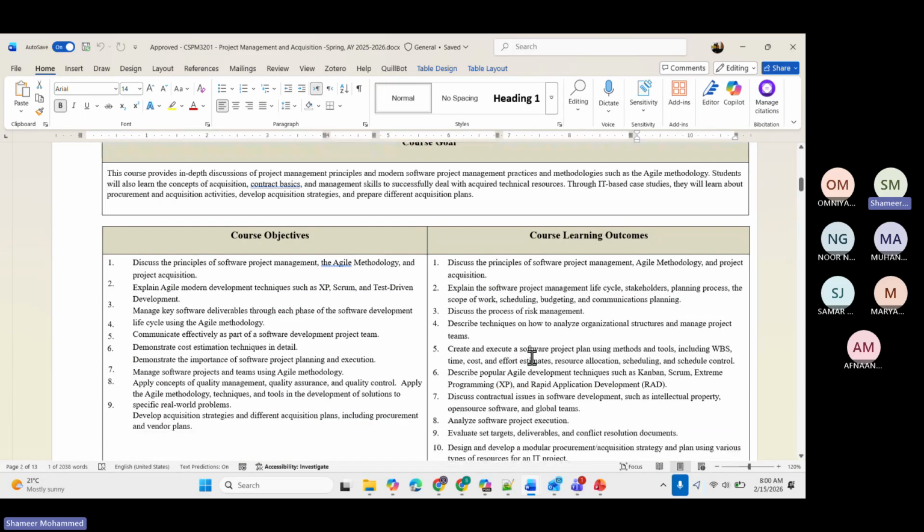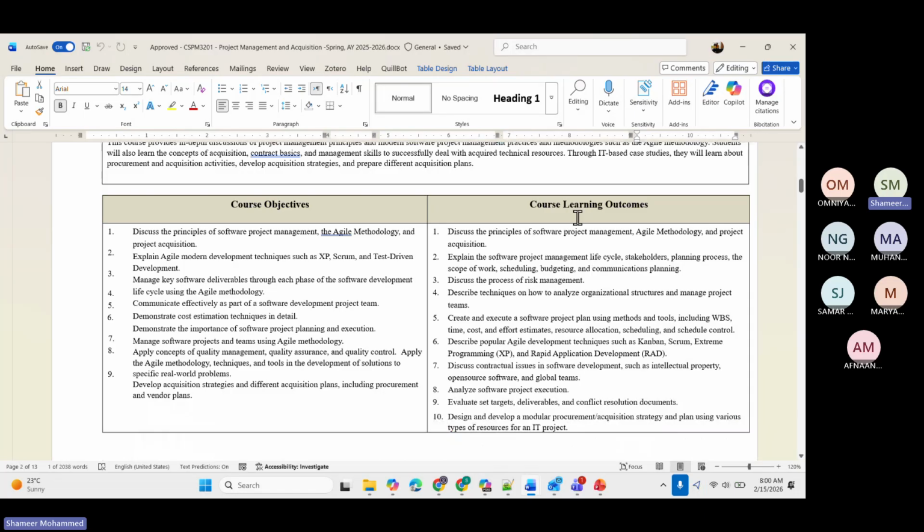So what are the course objectives and what are the learning outcomes from this course? Project management and acquisitions are listed here. At the end of the course, you will be able to achieve objectives like how to manage projects, different types of projects, IT projects, non-IT projects.